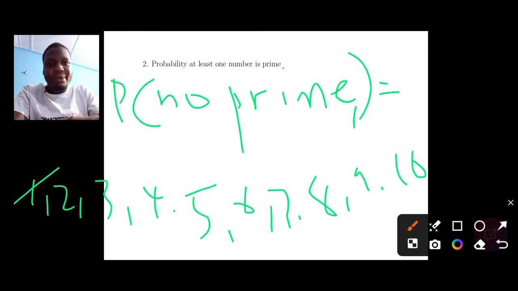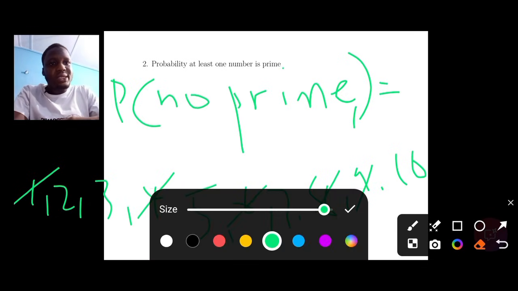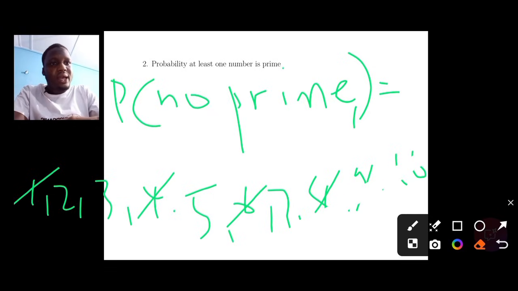Mind you, 1 is not a prime number. 4 is not prime. 6 is not prime. 8 not prime. 9 not prime. 10 not prime. So in total, we have 1, 2, 3, 4, 5, 6. So 6 of the numbers are not prime numbers.